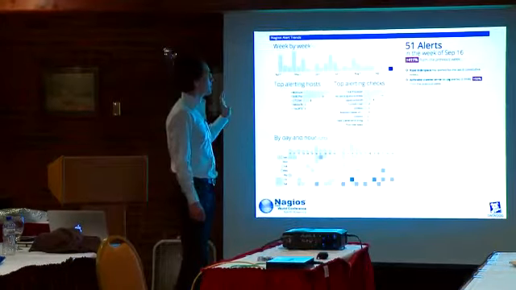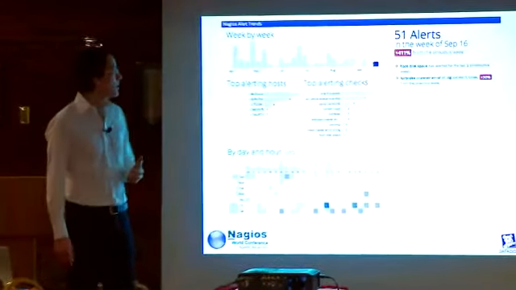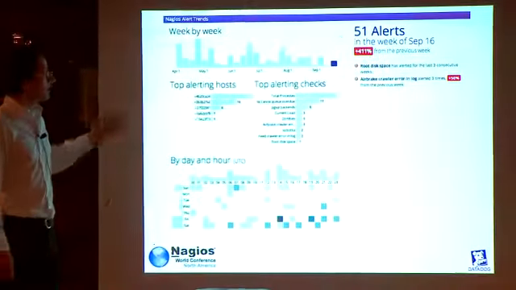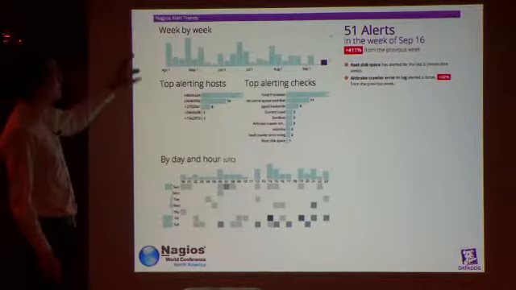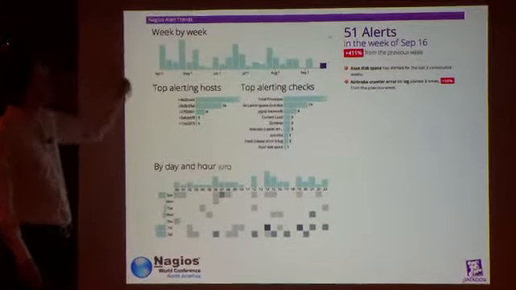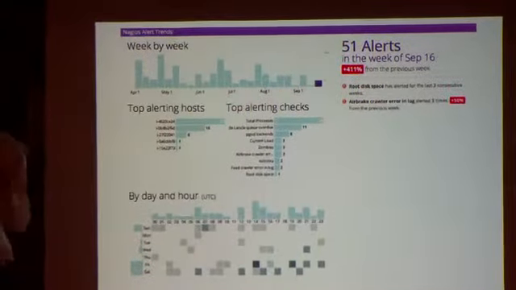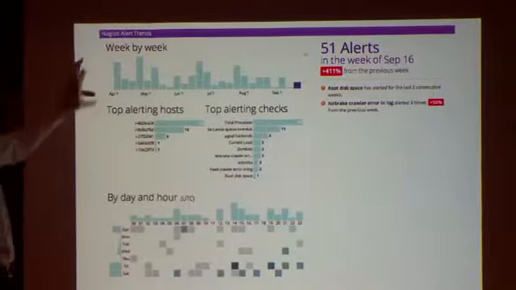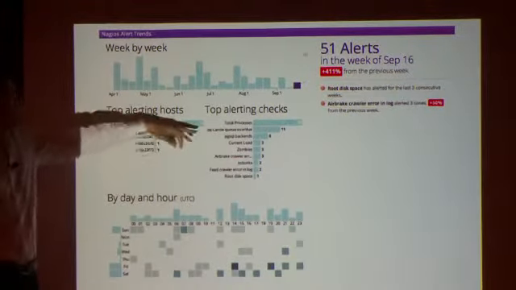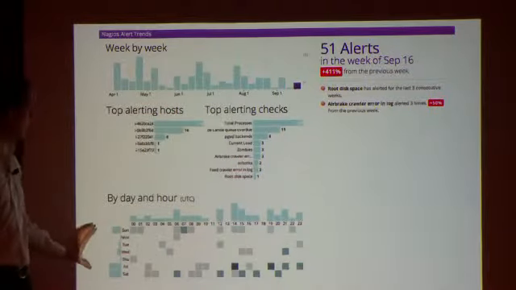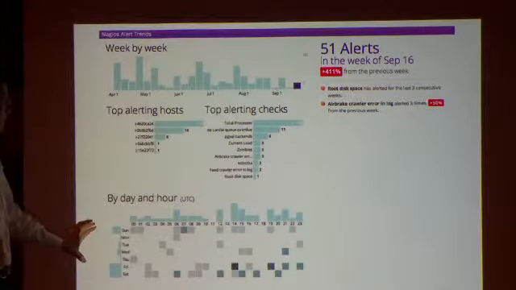Presentation matters. So this is one of the analytics that we serve to our customers. It's actually for one of our development accounts. The kind of insight you can get out of your Nagios stream is week by week how you're doing, which are the top alerting hosts, top alerting checks, and then by day and hour.